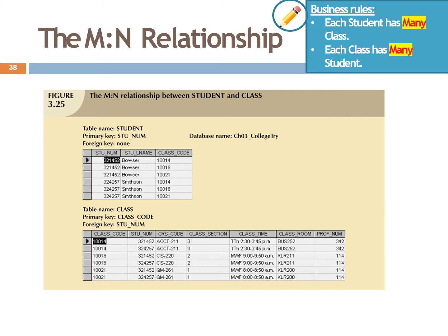Okay, if we look here, in this example, there's table student and table class. The business rule is each student has many classes and each class has many students. So it is a many-to-many relationship.